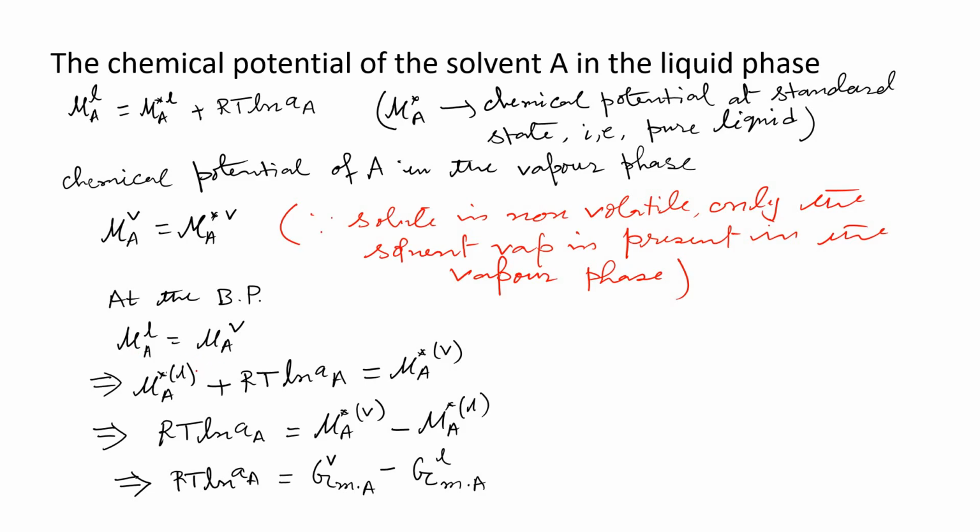So now the chemical potential in the liquid phase is mu A star liquid plus RT ln activity of A, which is equal to the chemical potential of the pure solvent in the vapor phase. So from here we can write RT ln activity of A is equal to the chemical potential in the pure state in the vapor phase minus that in the liquid phase.